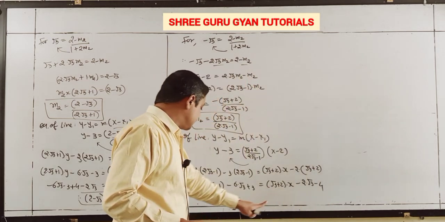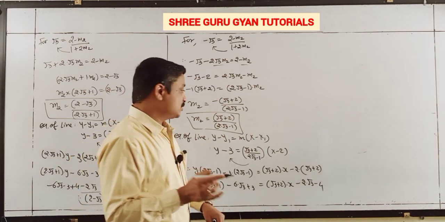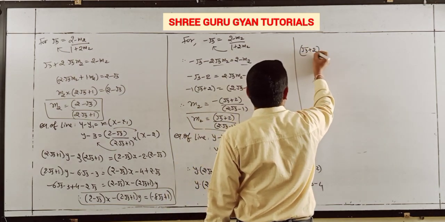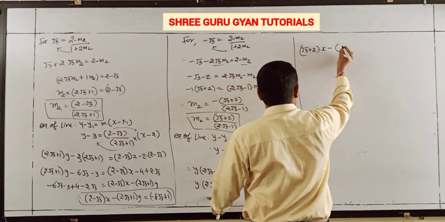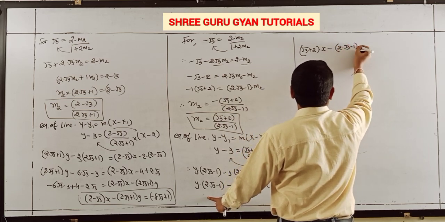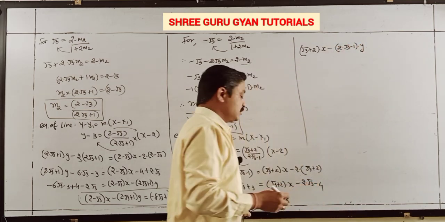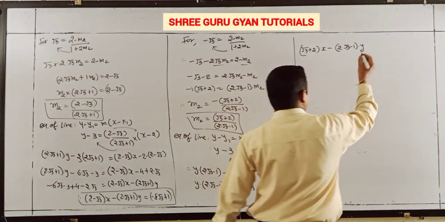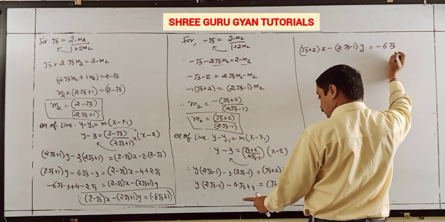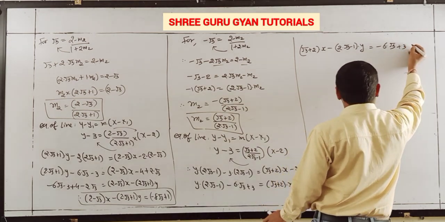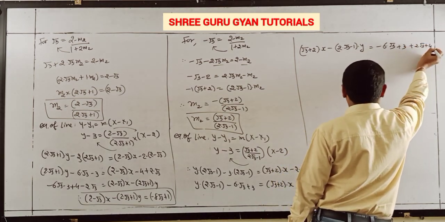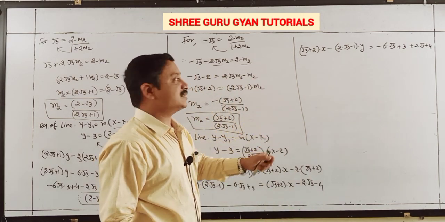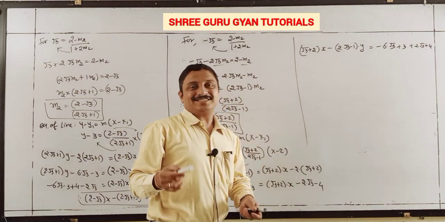Now students, this x and y we will attach them. So my answer is (root 3 plus 2) x minus 2 root 3 y minus 1 y, and x and x cancel here, only simple arrangement. Here students, I will write down minus 6 root 3 plus 3 plus 2 root 3 plus 4. You will convert to a simple answer.